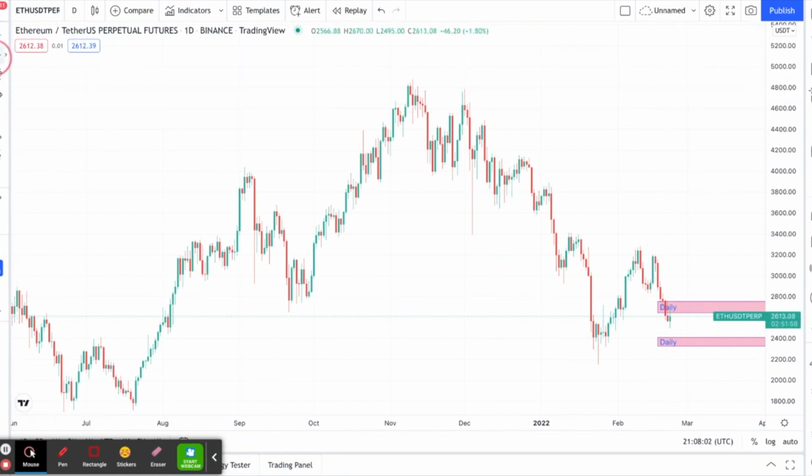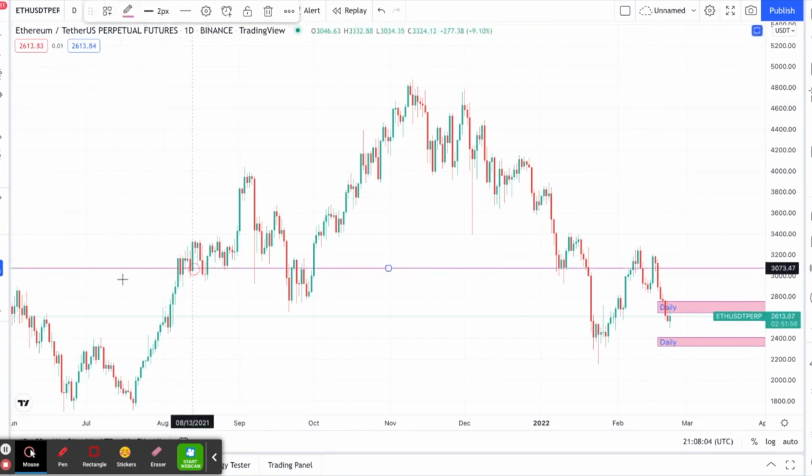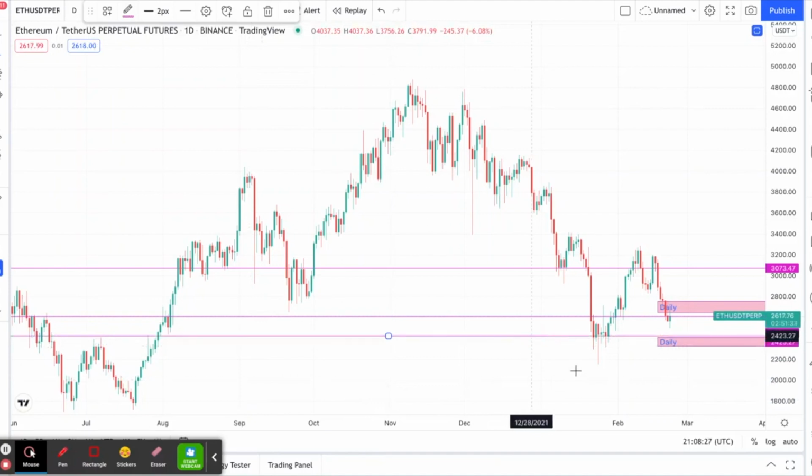If I were going to chart this, I might throw a line there and say that might be a good area for a top. And then my bottom might be around this area. So this 26 area might be a good bottom. However, I might look at this and say, I bet it's going to test this 24 area.